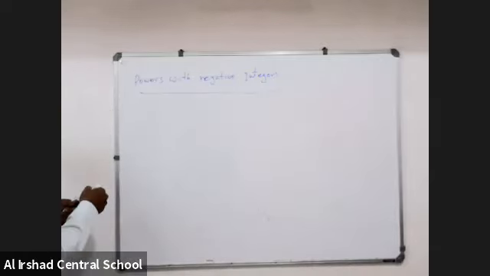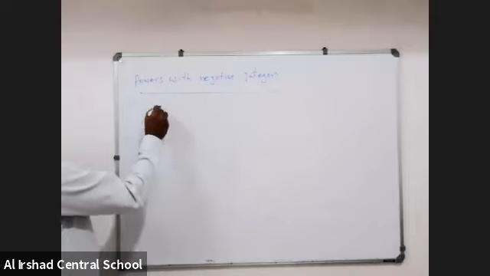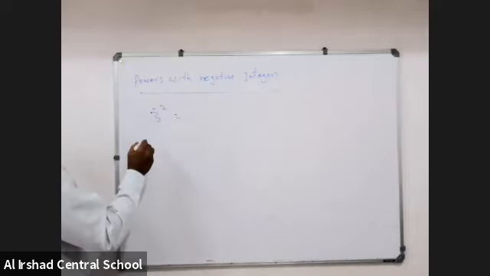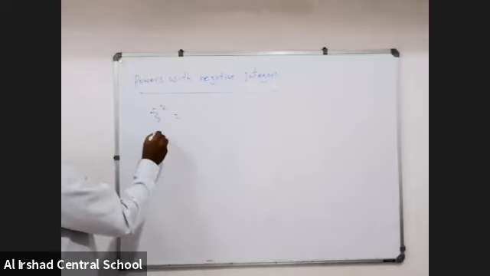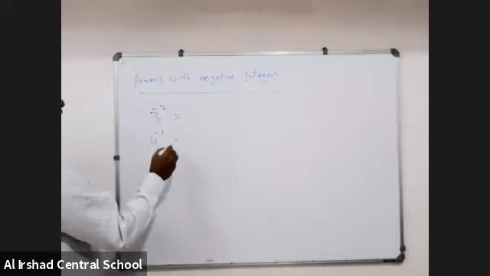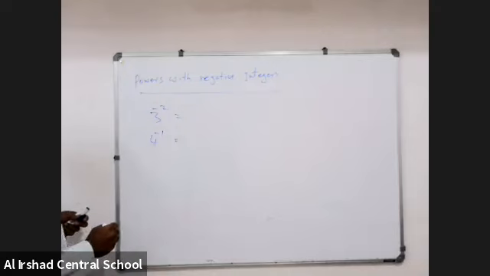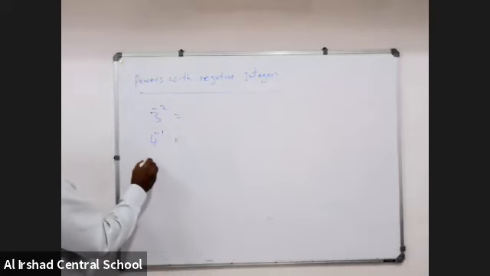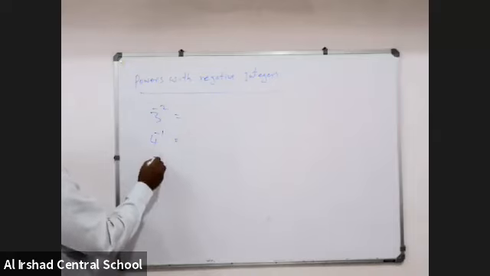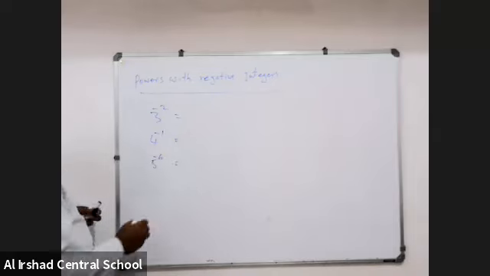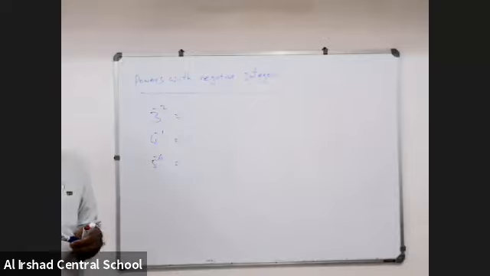Right. 3 minus 2, 4 minus 7, or 4 minus 1, then 5 minus 6. Tell me, what is 3 inverse 2?